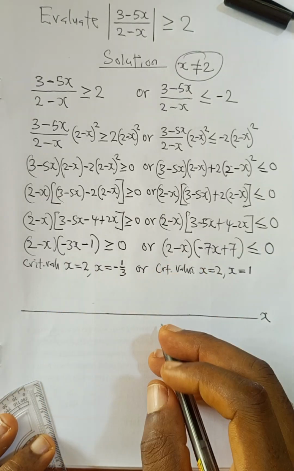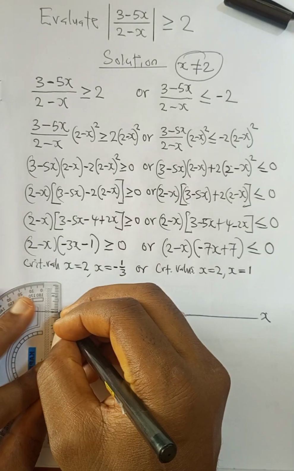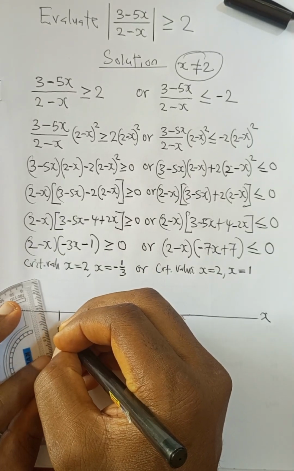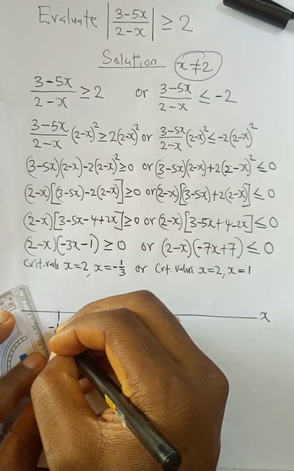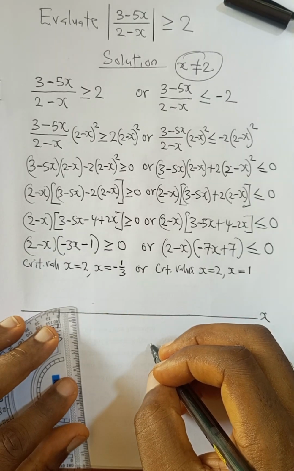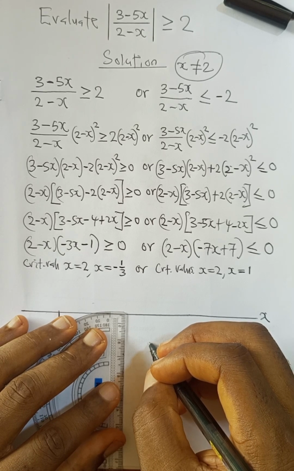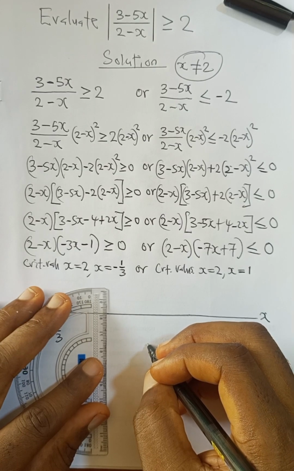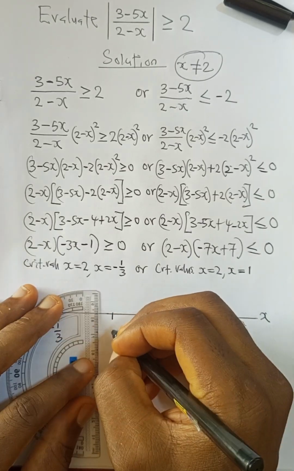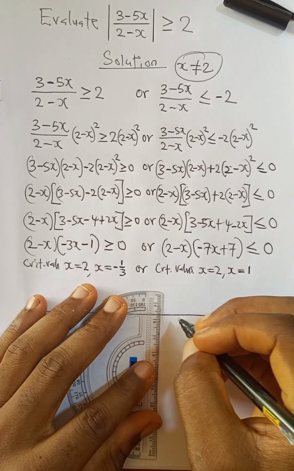So you need to know that x will not be 2. So when you are drawing, let's start with the least one there. That is minus 1 over 3. Then after that, we have 1. Then we have 2.